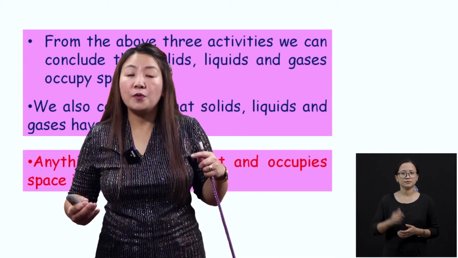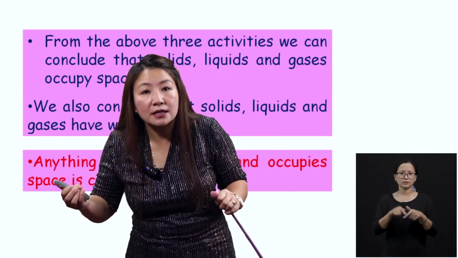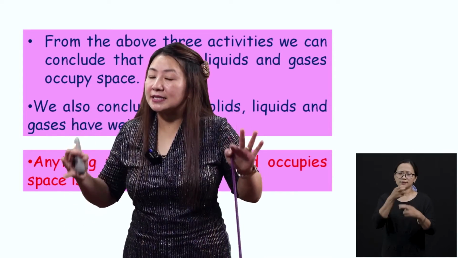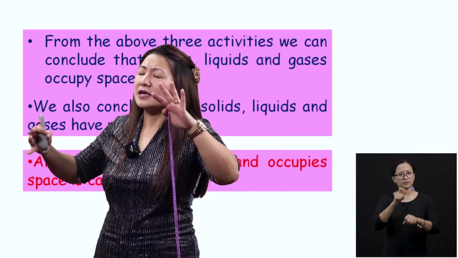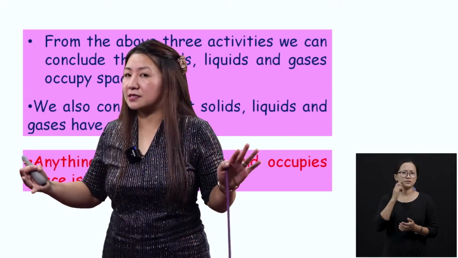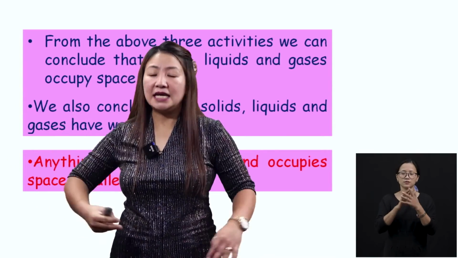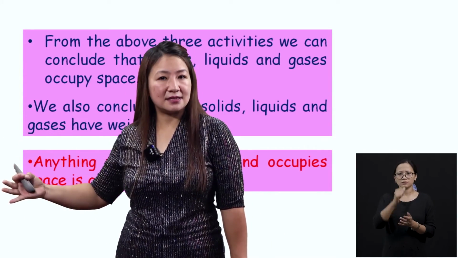So now we have studied from the previous slides the solid, liquid, and gases. These are the three states of matter, okay? Remember this, keep this in your mind forever. If anybody asks you what are the three states of matter, confidently you say solids, liquids, and gases.